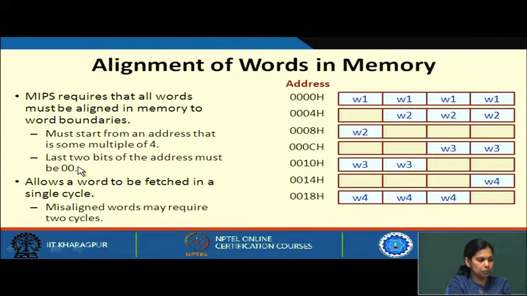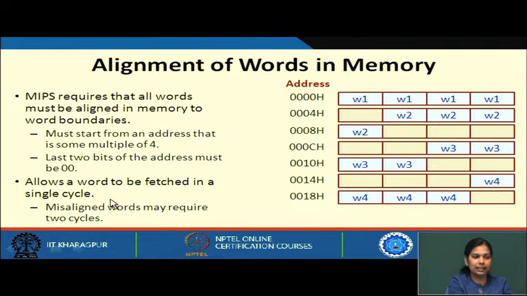So, the last 2 bits of the address must be 00. Consider 4, the last 2 bits will be 0100; 8 is 1000, C as well, and all others. It allows a word to be fetched in a single cycle.